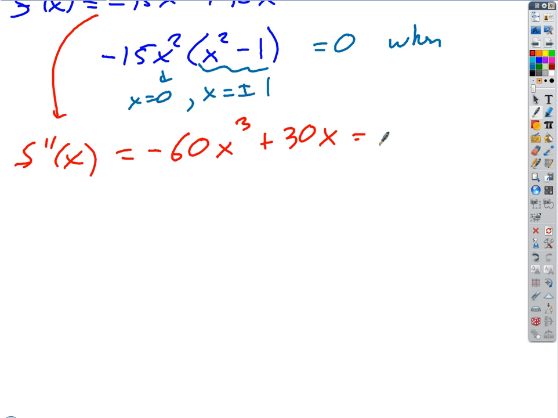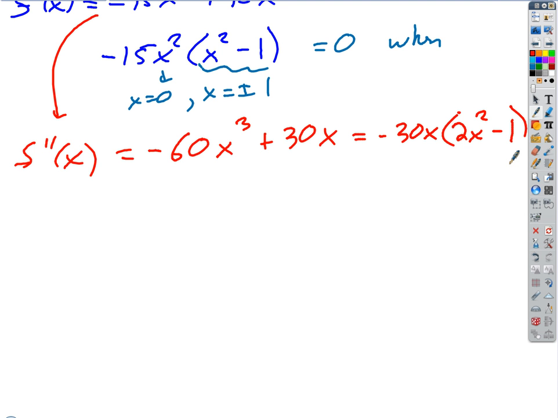Let's see, if we factor that, what do we take out? Good, negative 30x, leaving us with x squared minus 1.